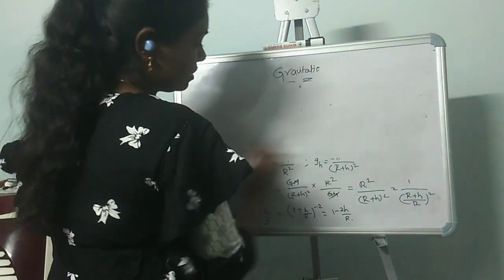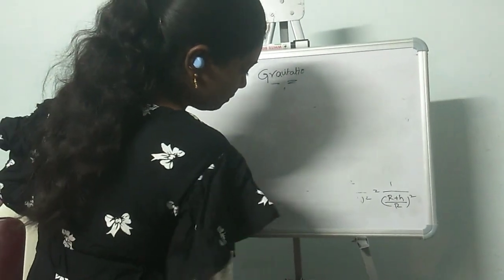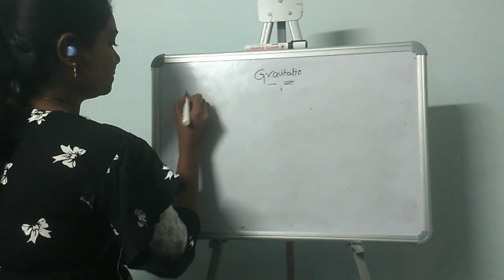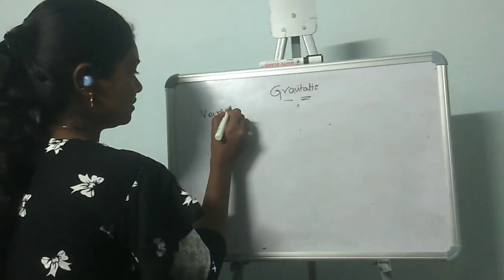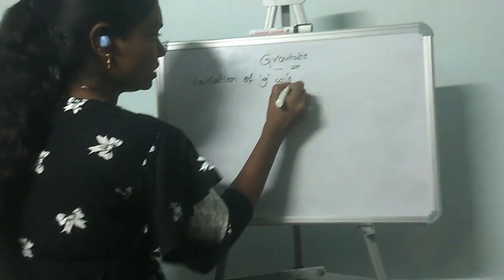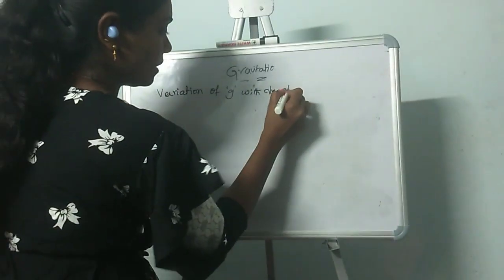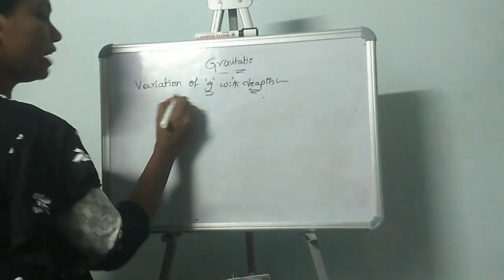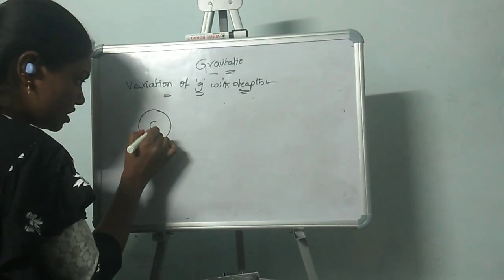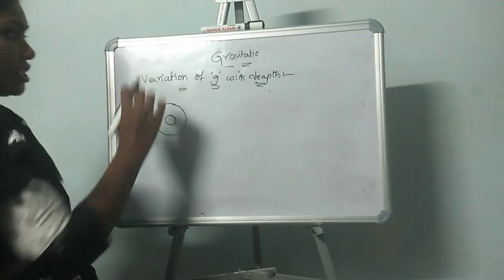After that, variation of g with depth. We find the acceleration due to gravity when a point is just below the surface of the Earth at a depth d.